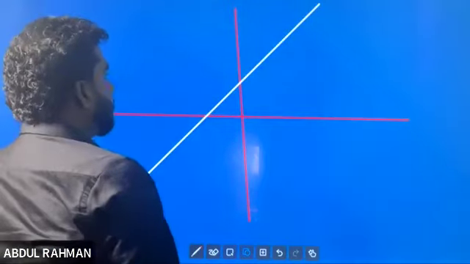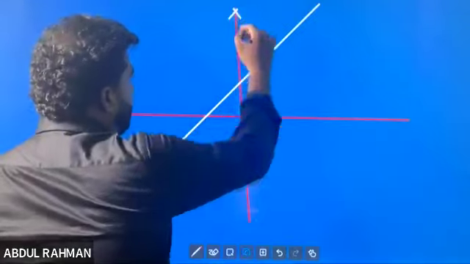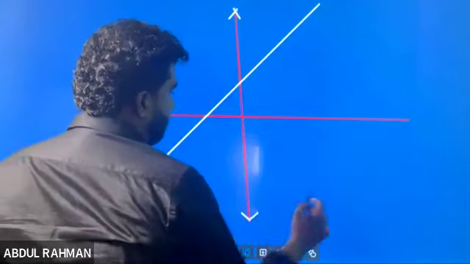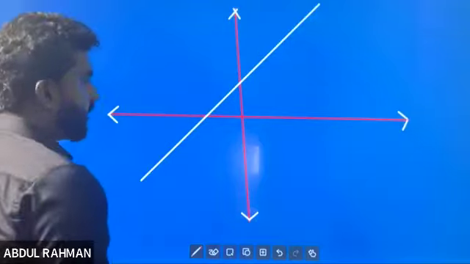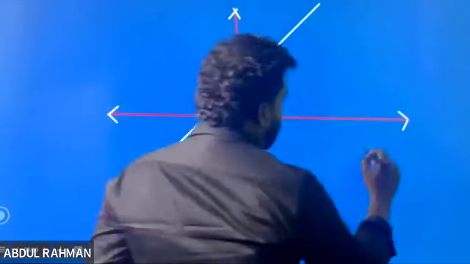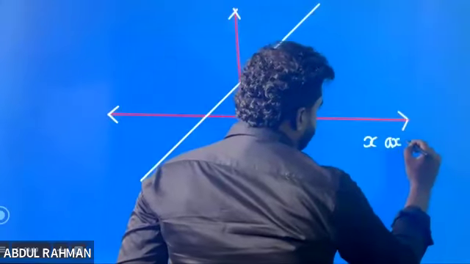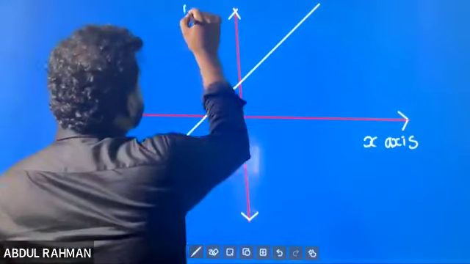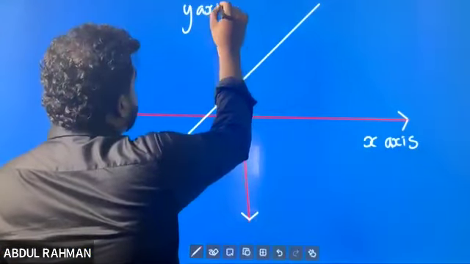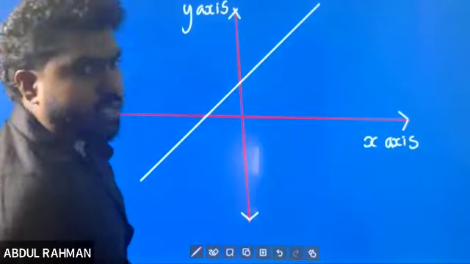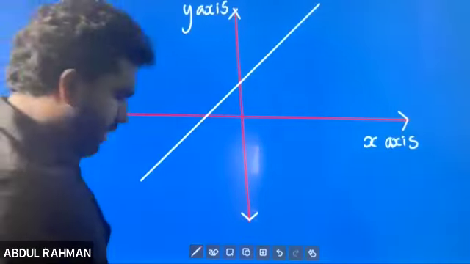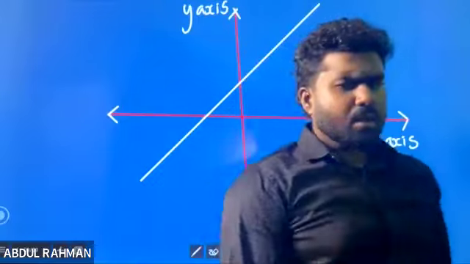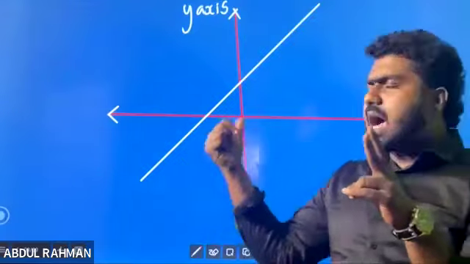Alright. Now in this graph, I know this is my x-axis and this is my y-axis. Now when I look at this, the graph is cutting 2 points of the Cartesian plane.